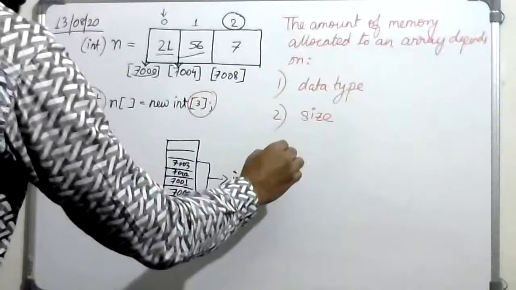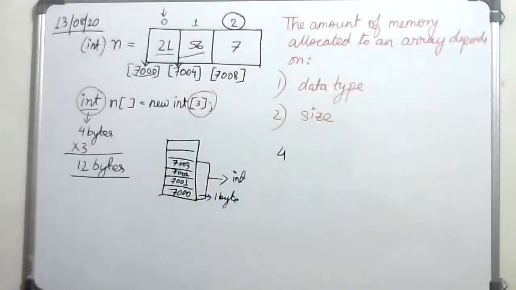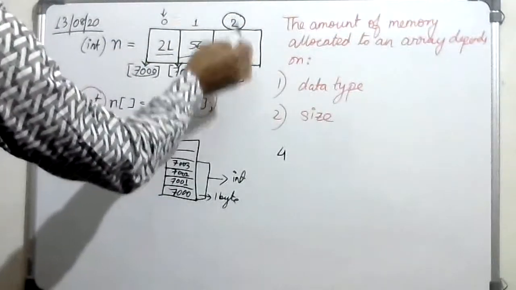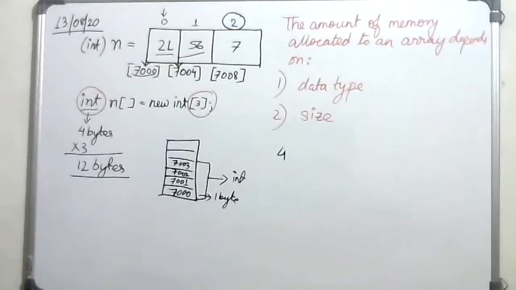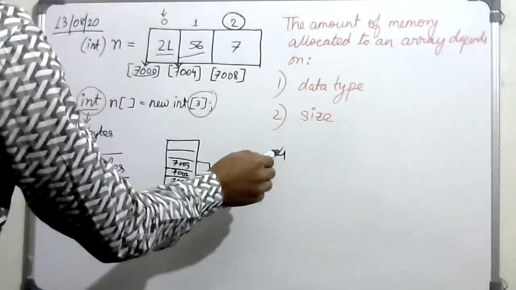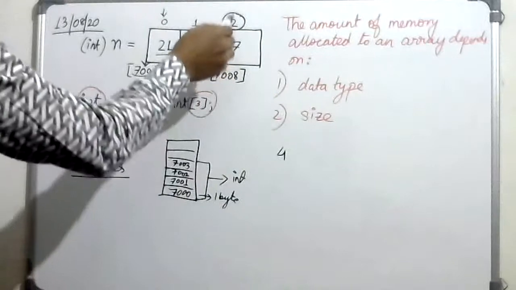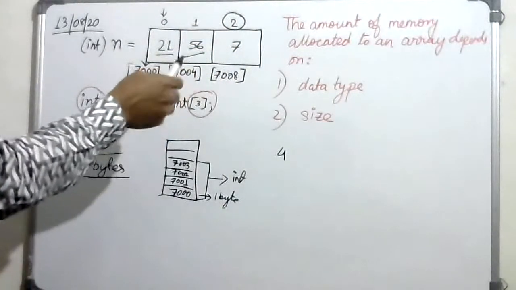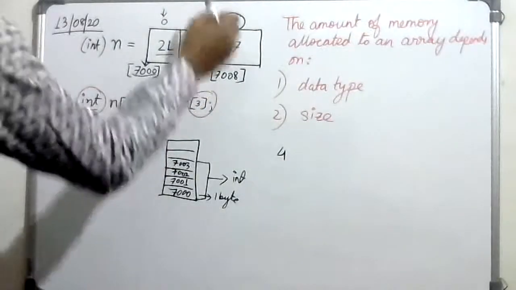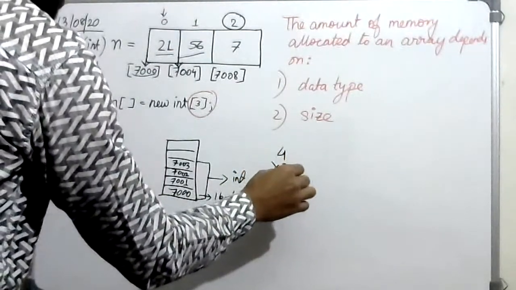I know the size of integer is 4 bytes. I know the index number of the element that I'm trying to find the address of. So if I know the size of the data type and the index number of the element for which I'm calculating the address, I'll just multiply the index number with the size.